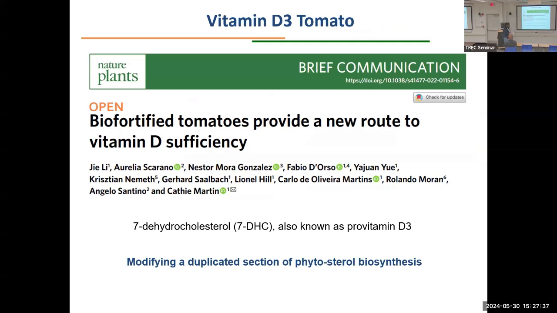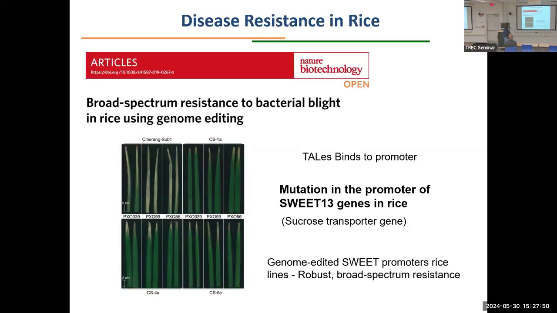Another gene-edited product is one where they have increased the vitamin D content in the tomato by modifying a duplicate section of the phytosterol biosynthesis pathway. In rice, a broad-spectrum resistance edited line has been developed by creating a mutation in the promoter of the SWEET13 gene, and the resultant line imparts robust, broad-spectrum resistance against bacterial blight, Xanthomonas oryzae species.